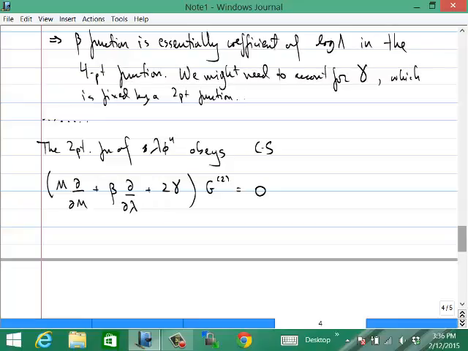I don't have a ton of time, so I'm not going to bother writing down the solution of this equation.